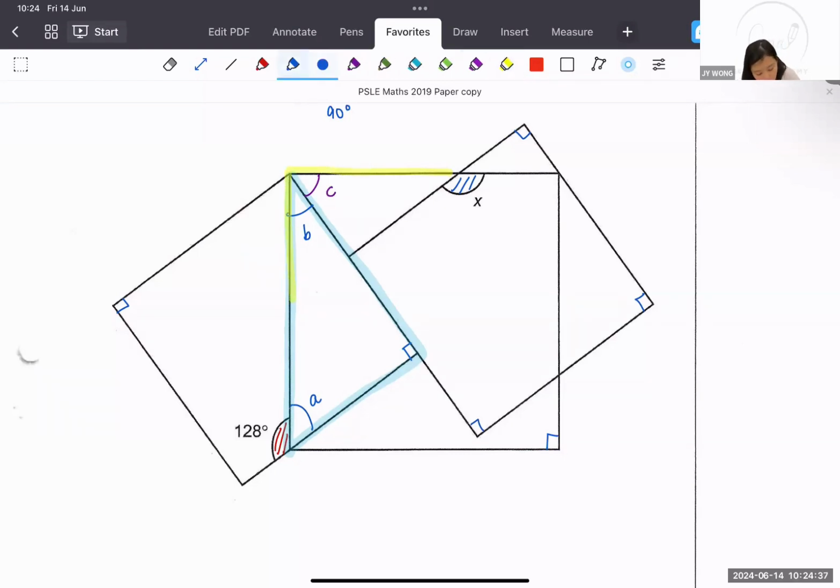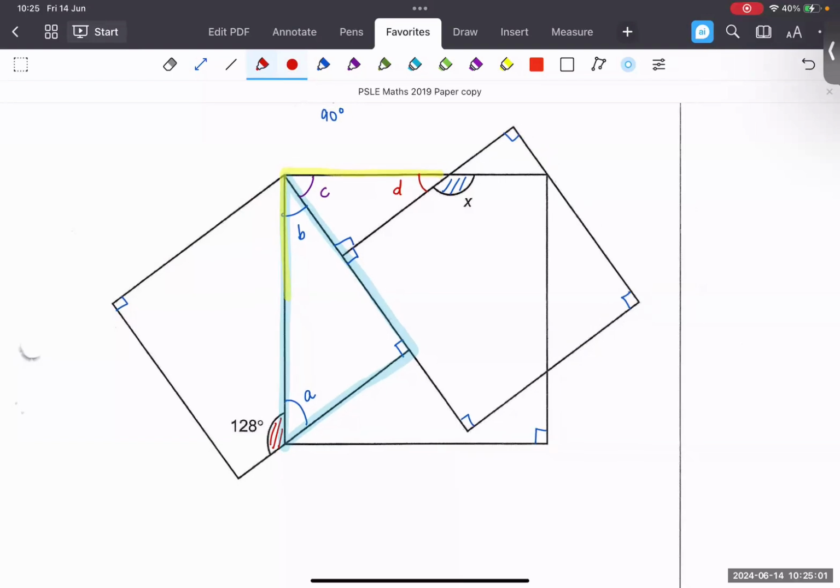Then you also know that because of the right angle here, this part here is also a right angle. And after you find C, you can also find D. Then lastly, you can find X. Because this question, they didn't give you any labeling of the vertices, so you cannot label like, oh, angle ABC. So you can put your angles and then you just put it into your steps.